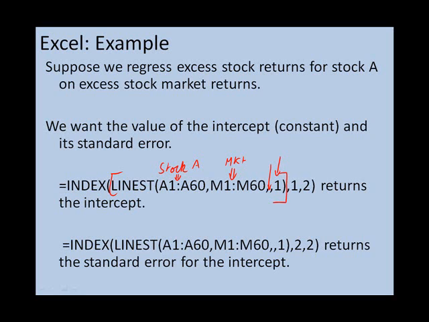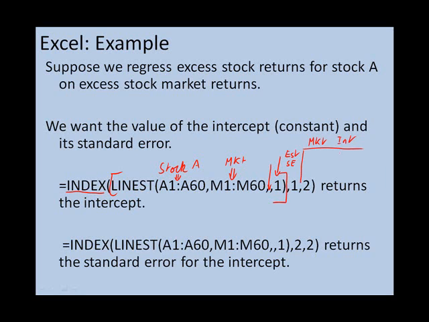And we now want to tell the index function where to look for the intercept estimate. We know that the estimate is going to be in the first row. So if we look at our matrix, we're going to see market, intercept. They're going to be the 2 columns. And in the rows, we're going to have the estimate, and then we're going to have the standard error.